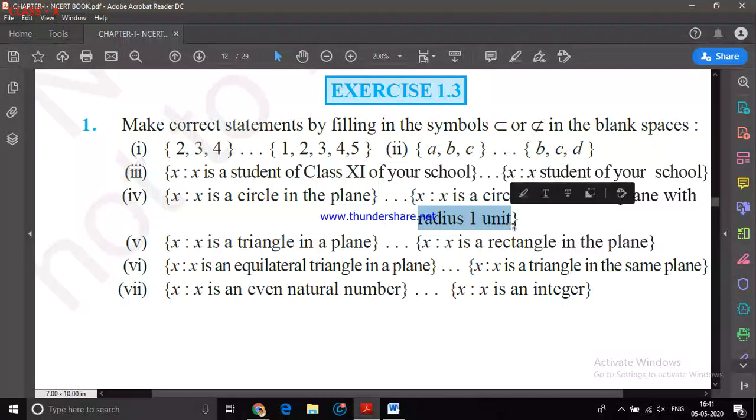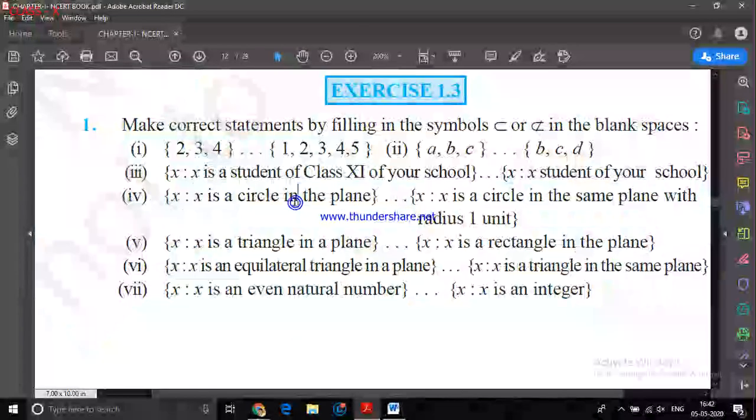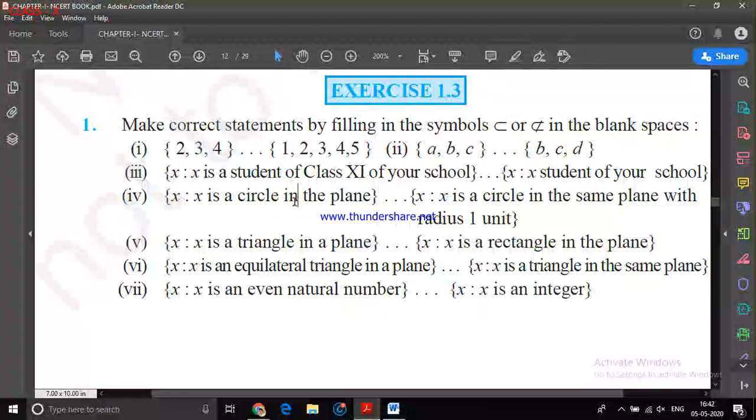I cannot say circles with radius 2 units, because a circle with 2 units is different from a circle with 1 unit, it's not even a part of it. That's why I have to consider the universal set as X such that X is a circle in the plane, all the circles. Then obviously a 1 unit radius circle must be a part of the universal set. That's how you define the universal set.